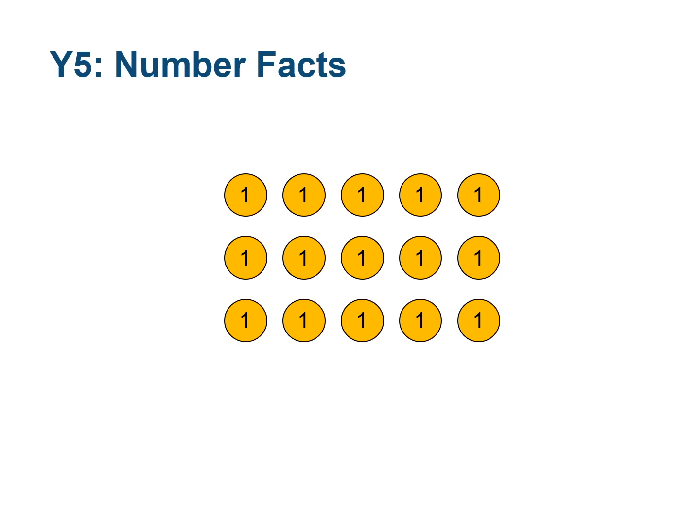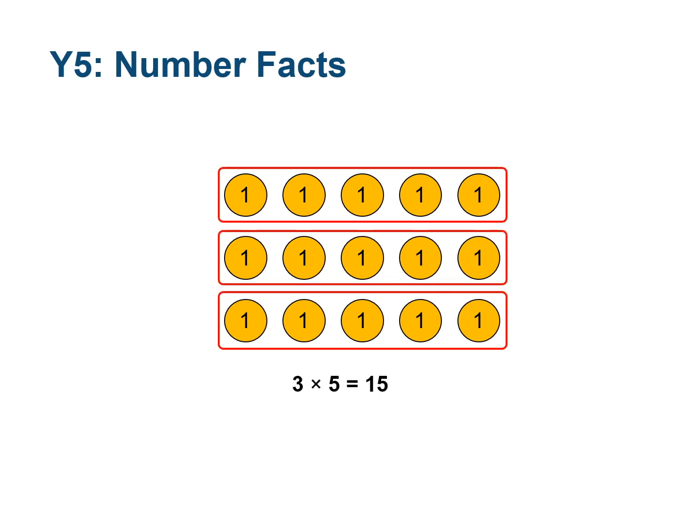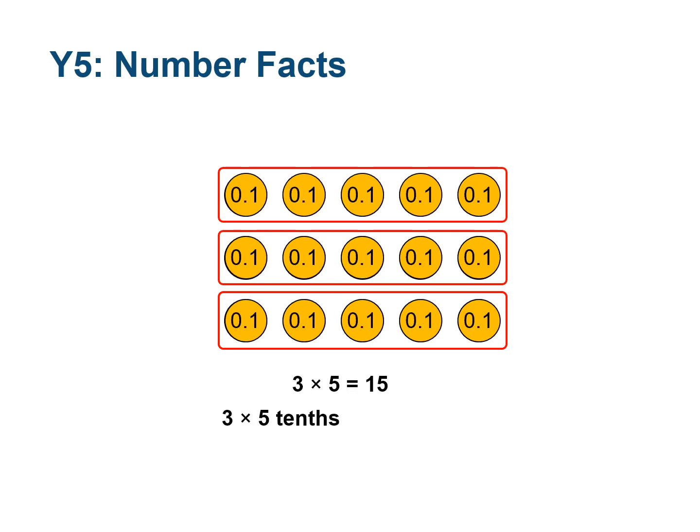And the same idea of applying known facts to units of 1/10 applies to multiplication. 3 times 5 is 15, so 3 times 5/10 is 15/10, which is 1 5/10.